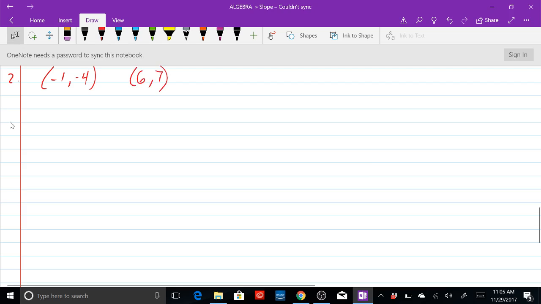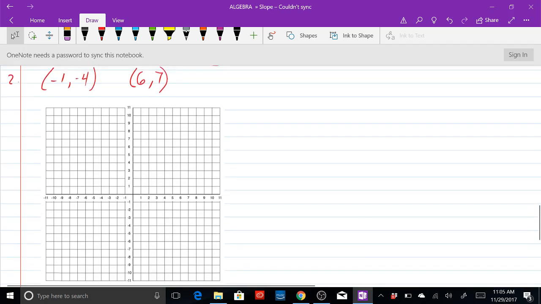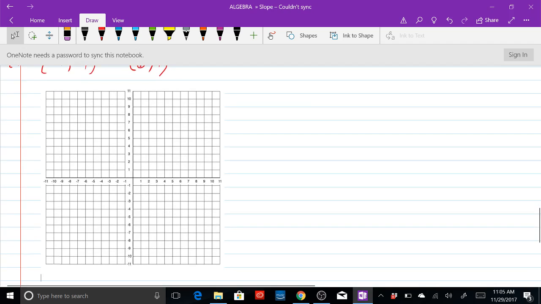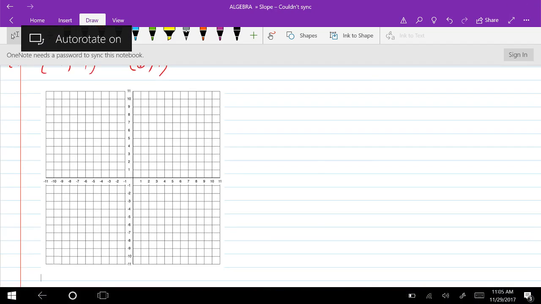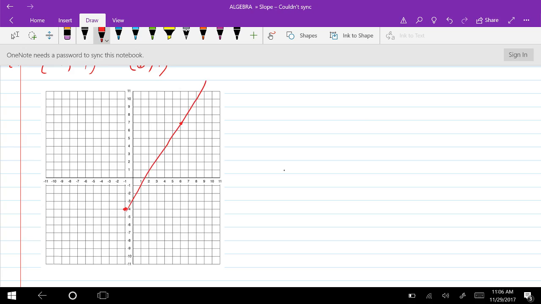I'm going to insert my graph here. (-4, -1) would be right here, and (6, 7), over 6, up 7, would be right there. Drawing a straight line is going to be a little tough, but that's straight enough.